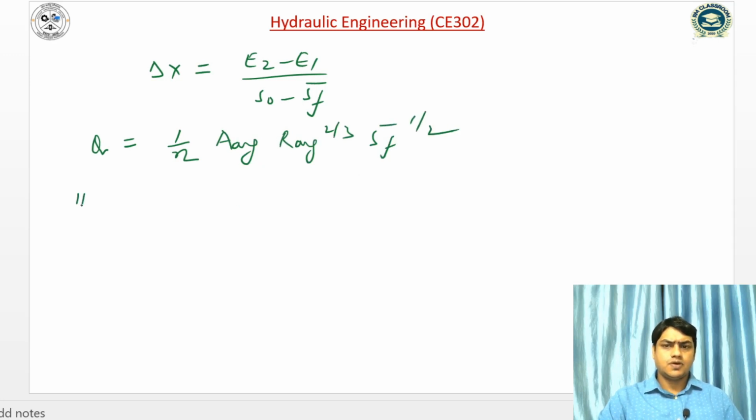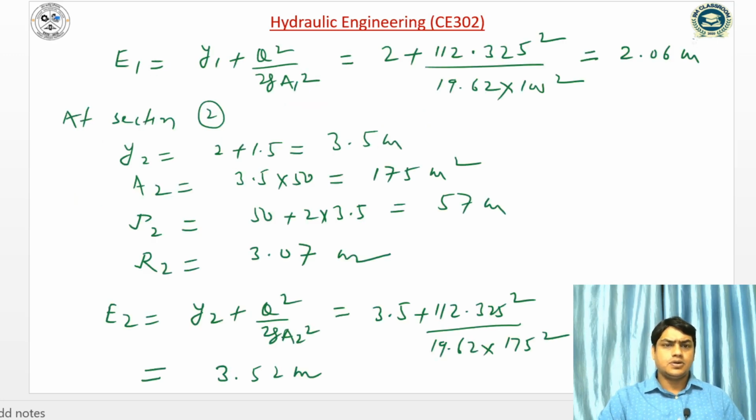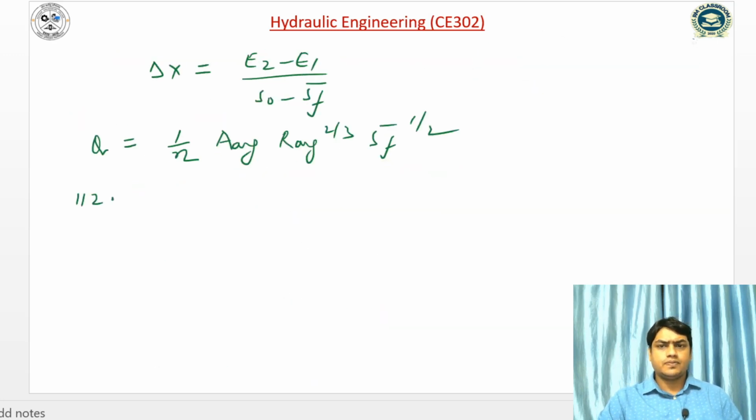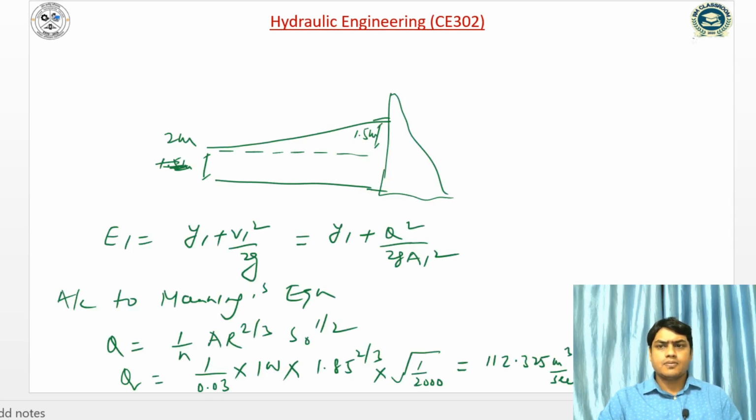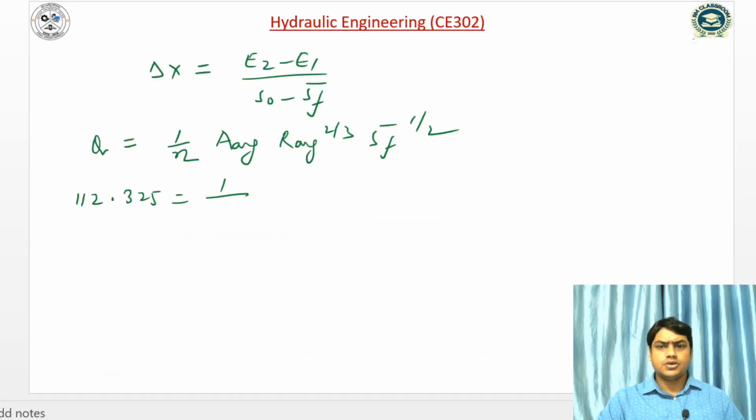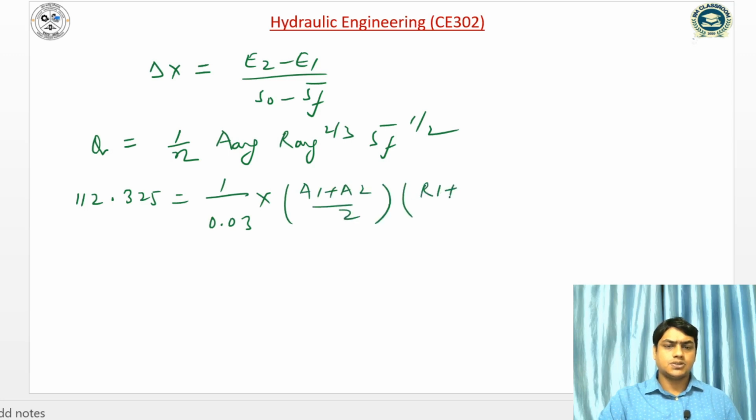Discharge is 112.325, equal to 1 by Manning's roughness 0.03, into average area, A1 plus A2 by 2, into R1 plus R2 by 2 to the power 2 by 3, into SF bar to the power half.